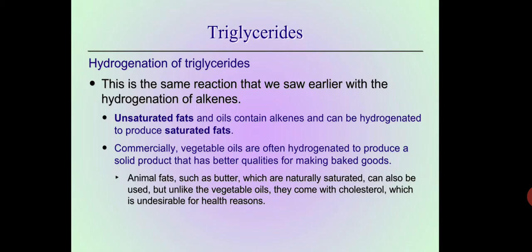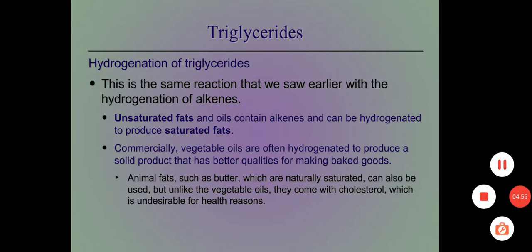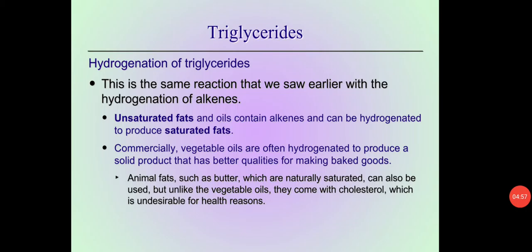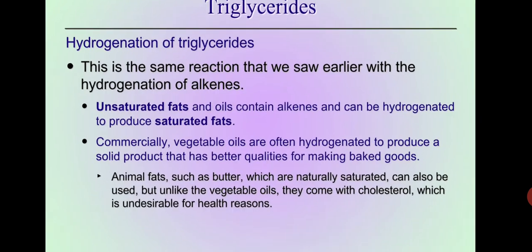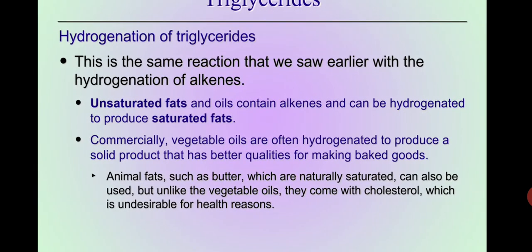Similarly, when you carry out the process of hydrogenation with liquid fat or oil, it produces a hardened fat. That is a very common kind of reaction for producing butter, dalda, ghee, etc. It is written that vegetable oils are hydrogenated to produce such solid products which are used for making baked products.